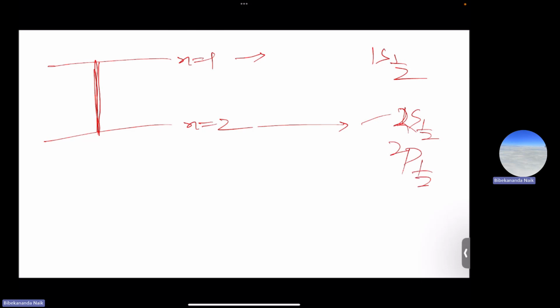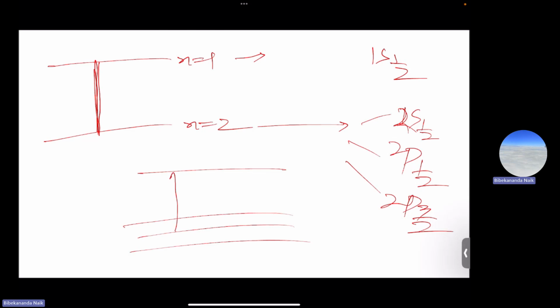So there was a single transition, but if you consider spin orbit splitting, then this is converted to 1s half, and this is split into 2s half, 2p half, and 2p 3 by 2. So the n equal to 2 level is again split into 3 levels. This is one level, this is 3 levels.